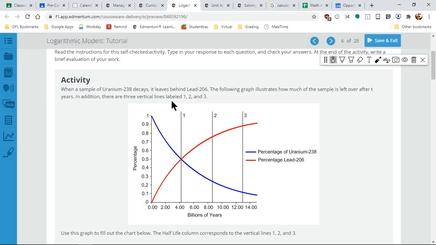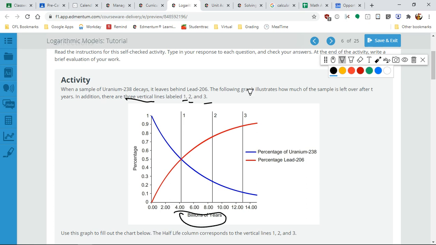The following graph illustrates how much is left over after t years. In addition, there are three vertical lines labeled 1, 2, and 3. This is basically telling us these are in billions of years.